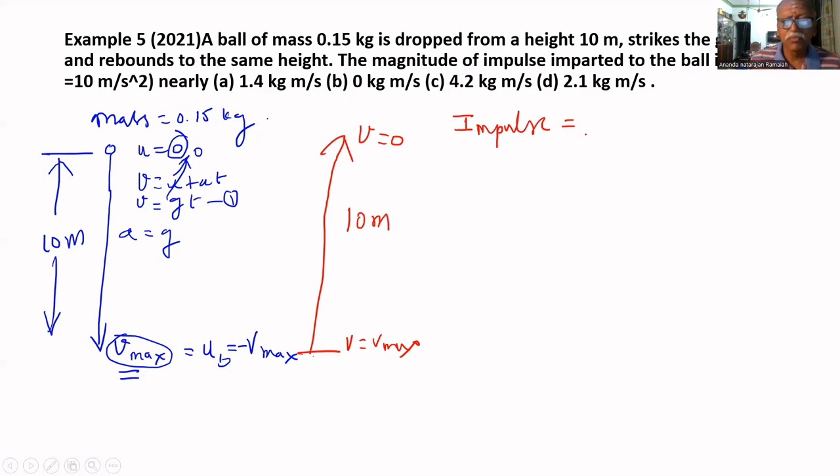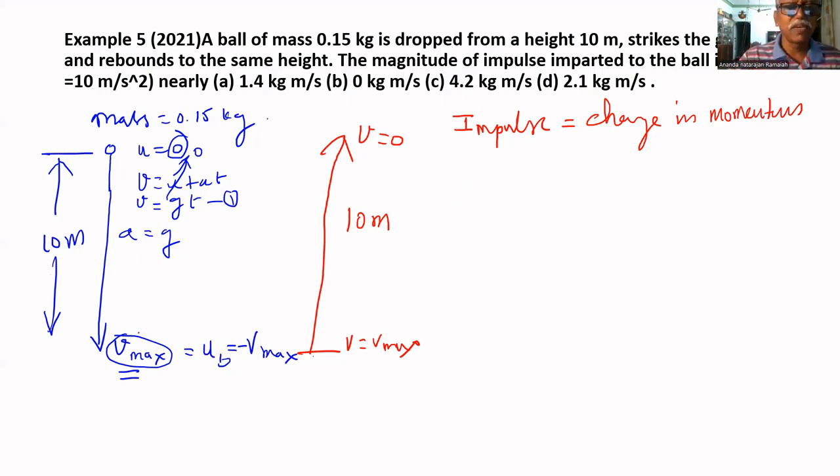Impulse means if you use a hammer to give a blow on any mass, that is called impulse. How to find impulse here? Impulse equal to change in momentum. That is called impulse.